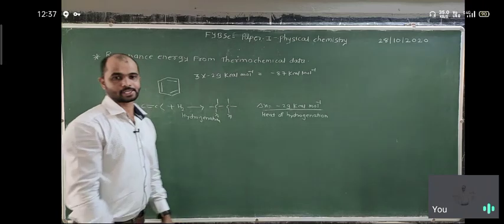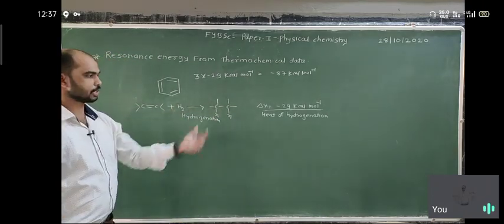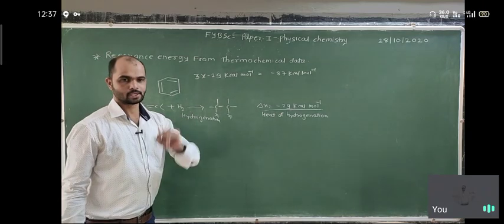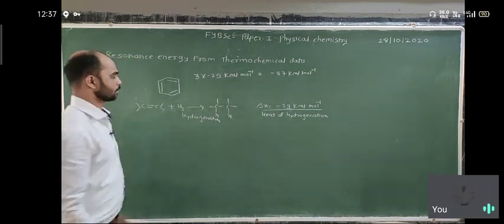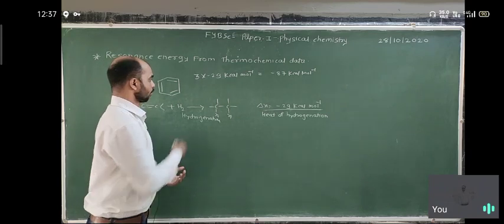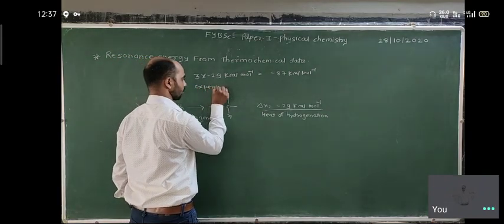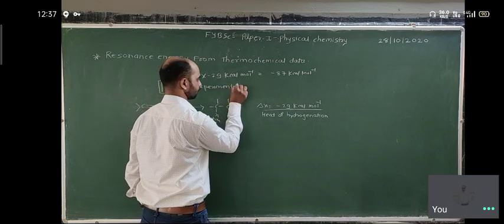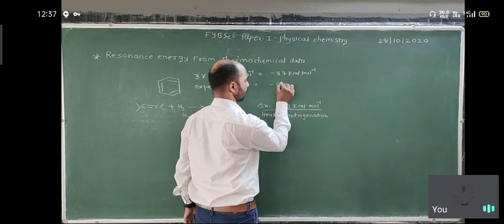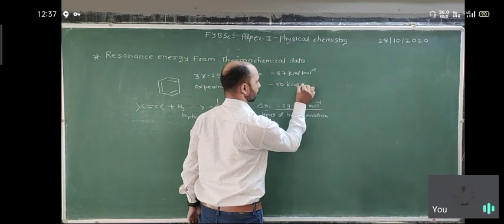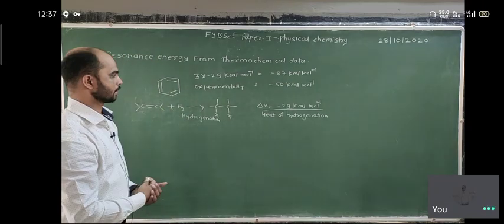It is the expectation according to the given data, because the double bond has a heat of hydrogenation of minus 29 kilocalorie. But actually, the experimentally measured value for benzene is near about minus 50 kilocalorie per mole.